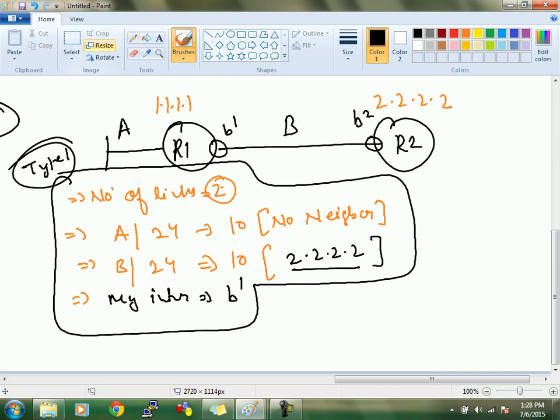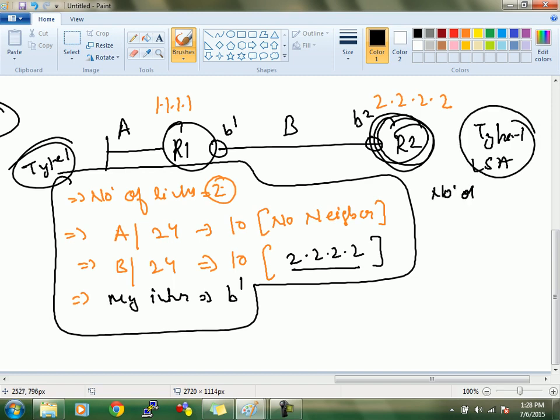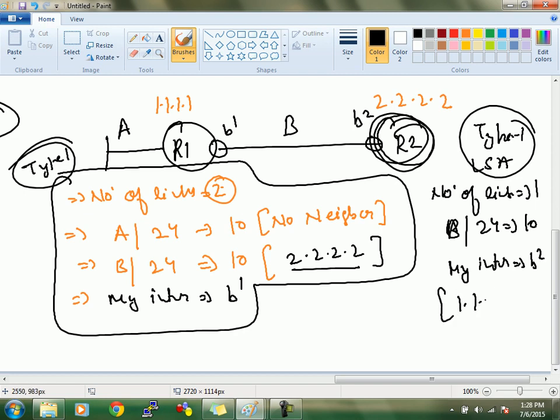Router 2 will also build its type 1 LSA. First information will be number of links 1, network B slash cost is, let's say, 10, my interface IP address B2, neighbor reachable 1.1.1.1.